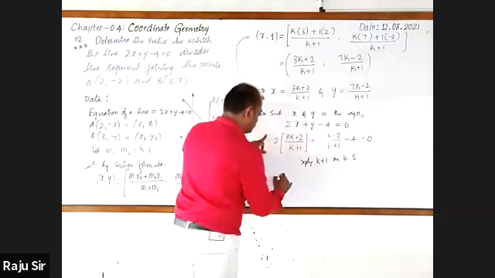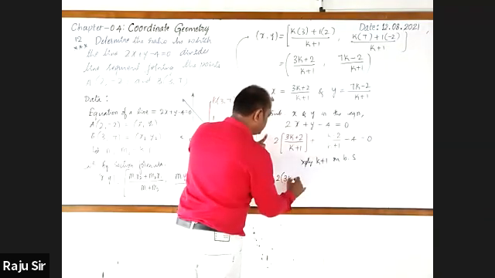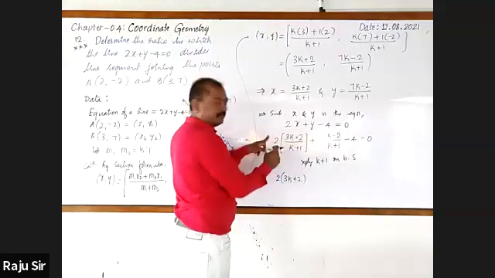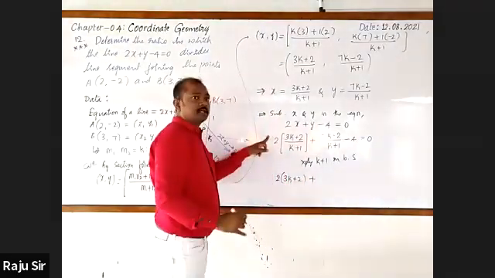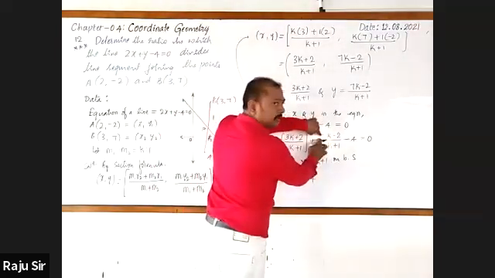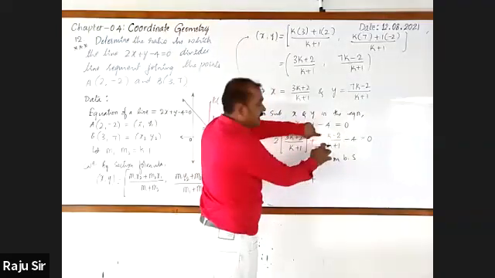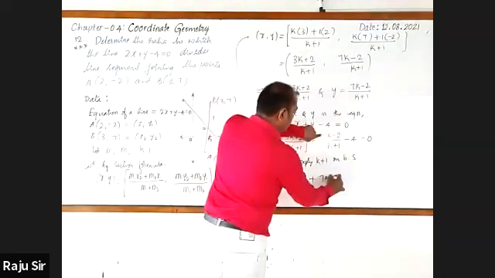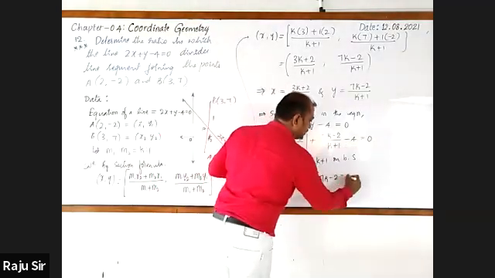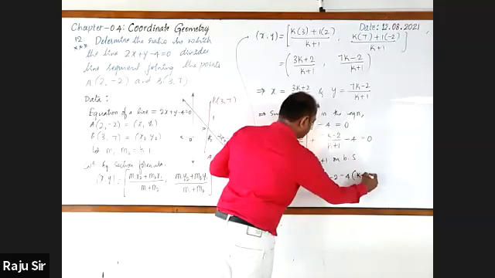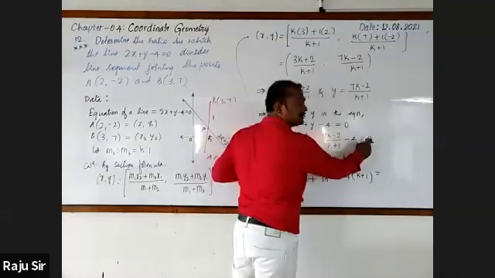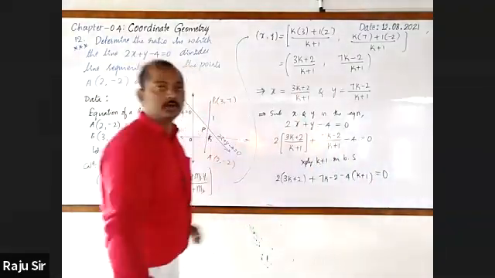First term: 2 into 3k plus 2, the k plus 1 gets cancelled. Multiply k plus 1 with the second term, it gets cancelled, remaining 7k minus 2. Third term: minus 4 into k plus 1. Equal to k plus 1 multiplied with 0, you will get 0.